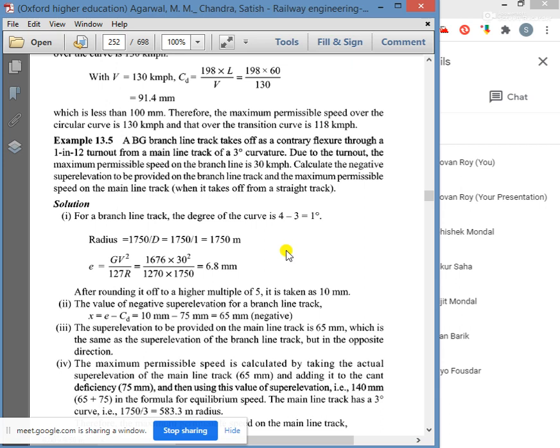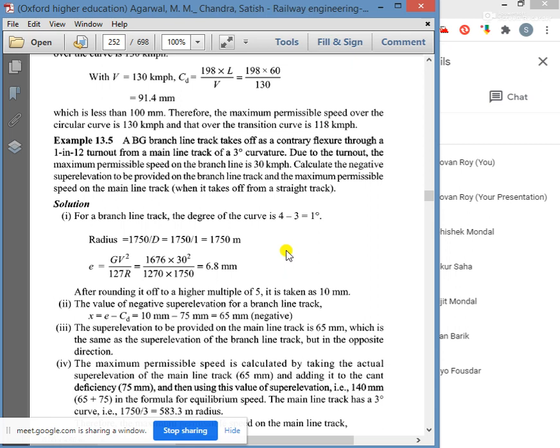Then there are problems on what the speed or the super elevation should be on the main line and what the super elevation should be on the branch line, which are directly related to negative super elevation.